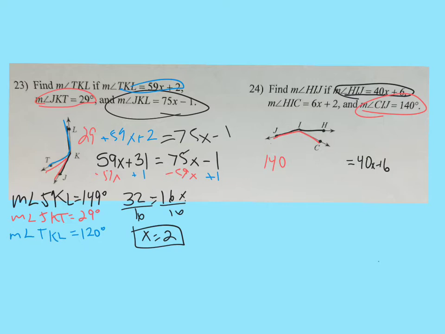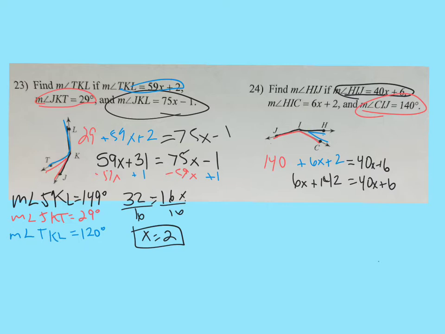So the red piece, once again, I'm not going to use a degree symbol until the end. And HIC is going to be 6x plus 2. So on the left side, it's going to become 6x plus 142 equals 40x plus 6.